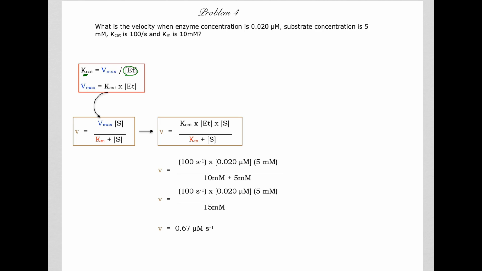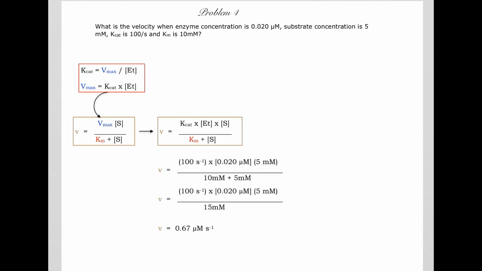Or in other words, Vmax is equal to kcat times ET. So since we have this relationship, instead of Vmax here, we can put in kcat times ET. So we have velocity is equal to kcat times ET times substrate concentration divided by Km plus S.